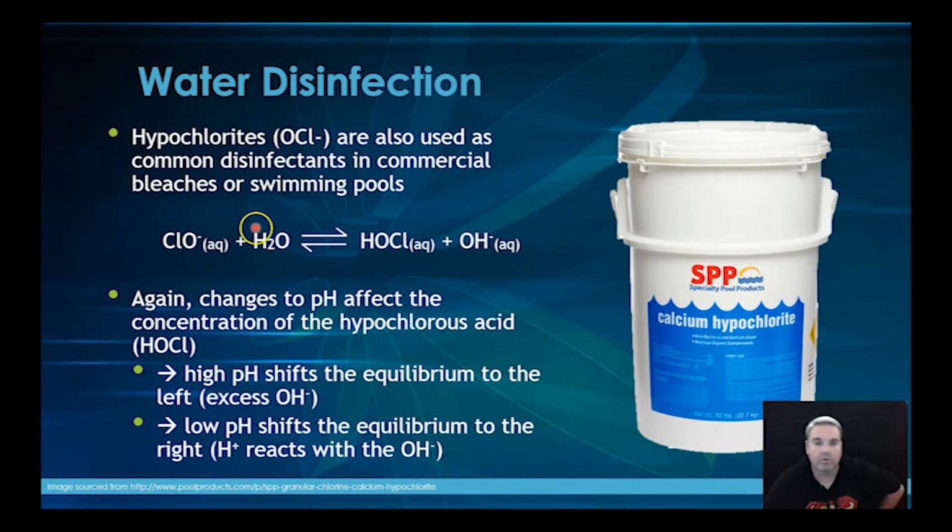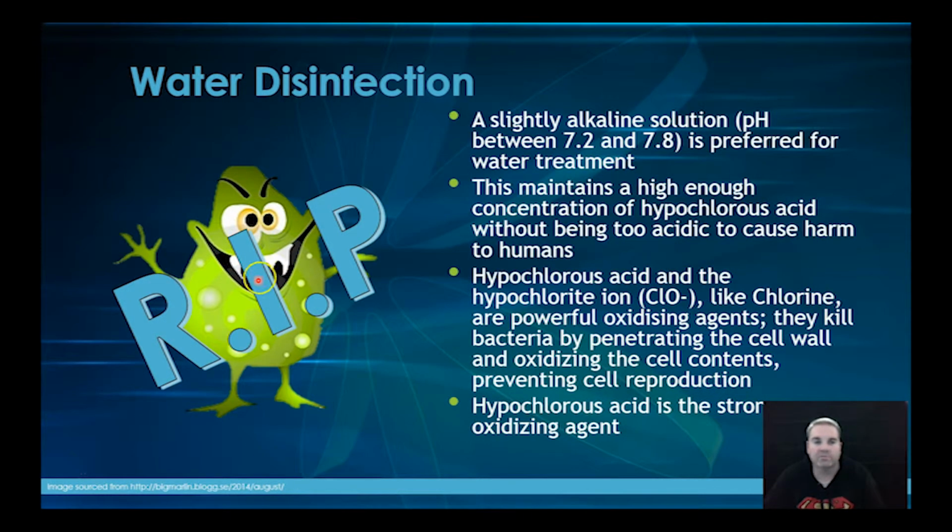So obviously you want to keep your pH quite specific to make sure that your hypochlorous acid concentration is at the right level to be able to kill your bacteria. And as we've talked about, here's a bacteria, rest in peace, little ugly bacteria. A slightly alkaline solution is preferred because it allows our hypochlorous acid concentration to be high enough that it will kill the bacteria and it won't cause that red eye or damage to humans.